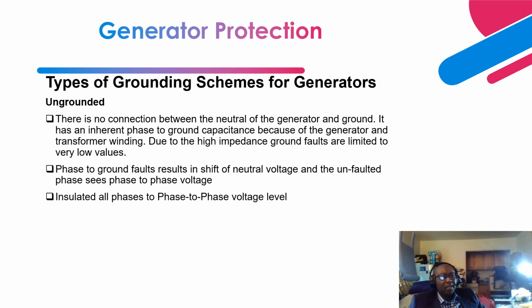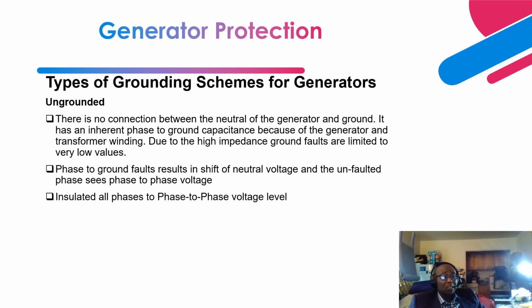As the name speaks for itself, for an ungrounded scheme there's no connection between the neutral and ground of the generator. So basically, the neutral is floating. Because of that, you have an inherent phase to ground capacitance from the generator and the transformer winding, and that helps to limit high impedance ground faults to very, very low values.